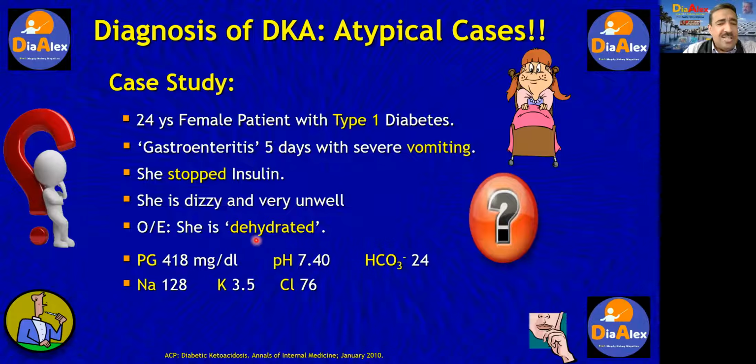On examination, she is dehydrated. So again, she has type 1, and she reported progressive and persistent vomiting for 5 days. Because she cannot eat, she stopped insulin. She is presenting with dizziness and dehydration.